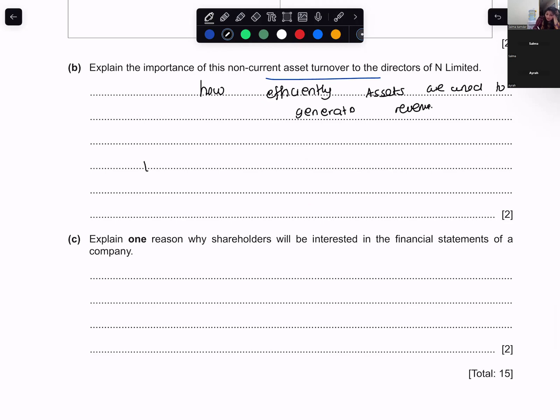If there is a low ratio, you have to be concerned about future growth, because you are not using your non-current assets properly to generate revenue.